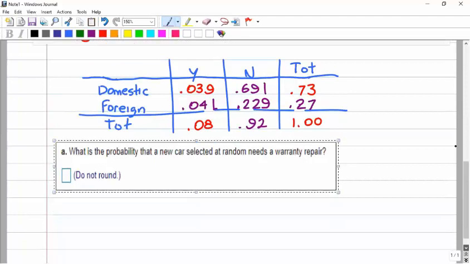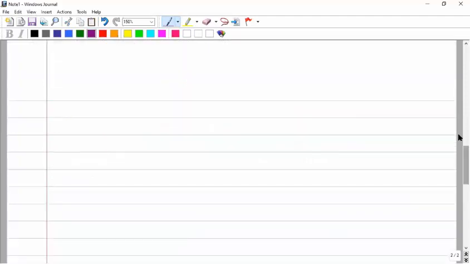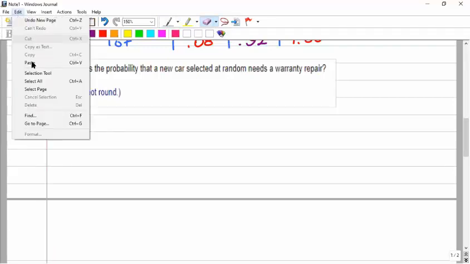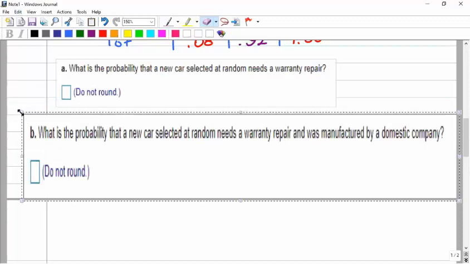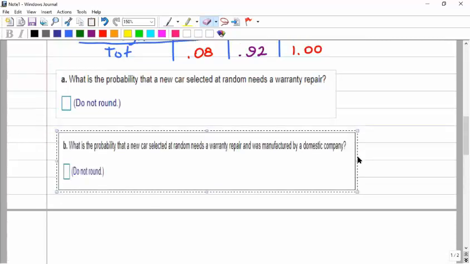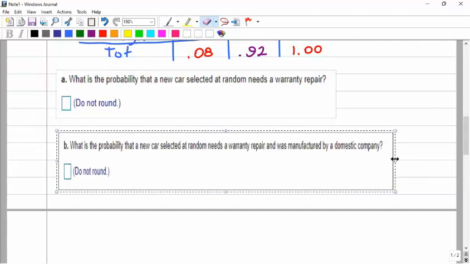All right, well, I'll go back and show you, but it did not give me an error. That one was right. Let's see what part B is. Oh yeah, here's what I was getting, the inside numbers here. Warranty and domestic.